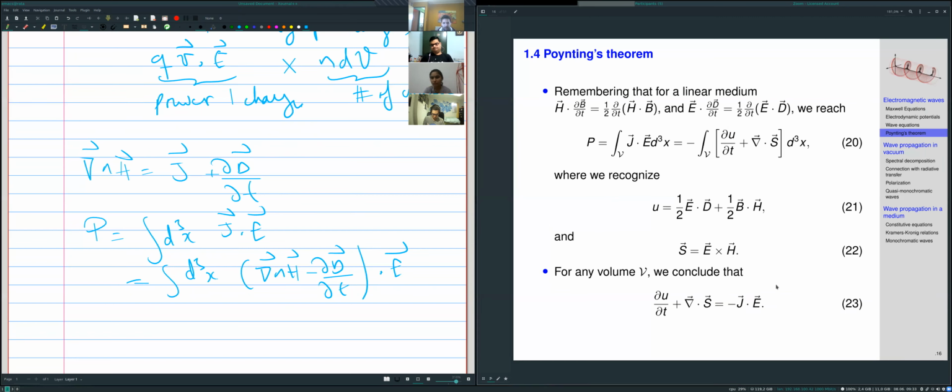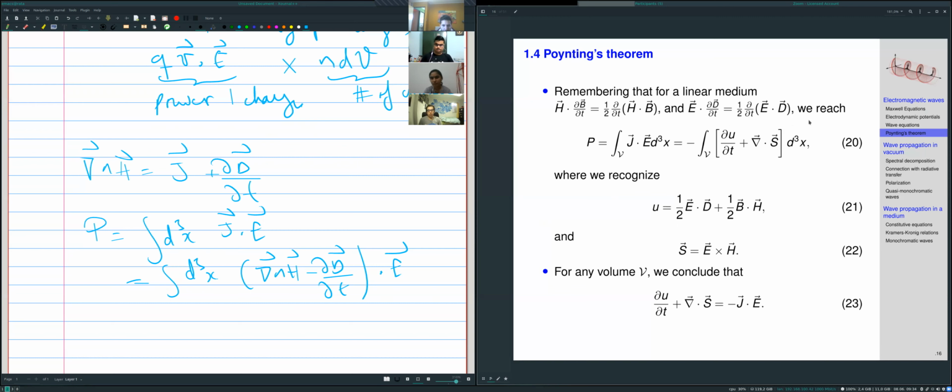This is exactly what I'm explaining here. For a linear medium, this expression H dot time derivative of B is just the time derivative of H dot B, or B squared or H squared, depending on how you want to write it, and similarly for E and D with this other term.